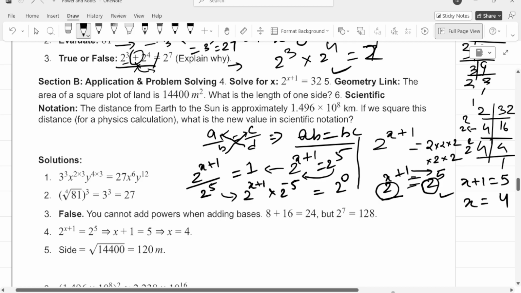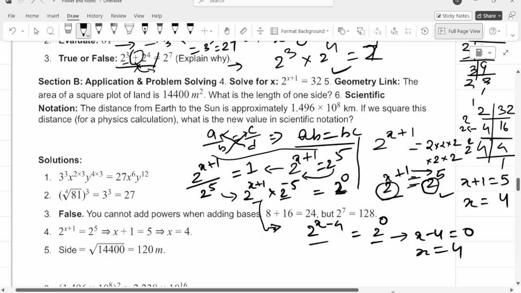Anything to the power 0 is 1, so the base is 2 and we can write it to the power 0. Then we get 2 to the power x minus 4 equal to 2 to the power 0. Here the base is again equal, so x minus 4 is equal to 0, x is equal to 4. Don't do this, as it is very time consuming and difficult to understand.